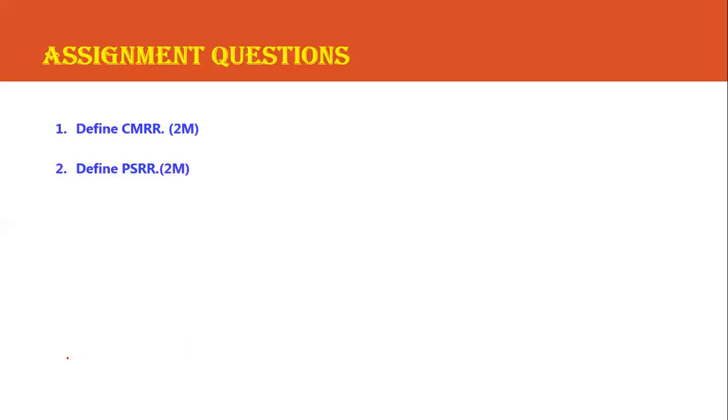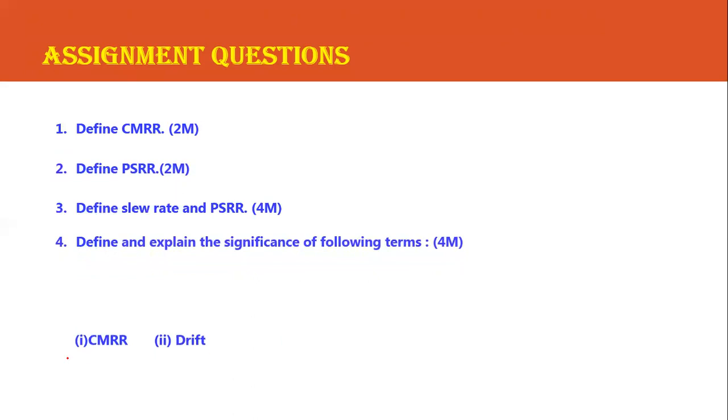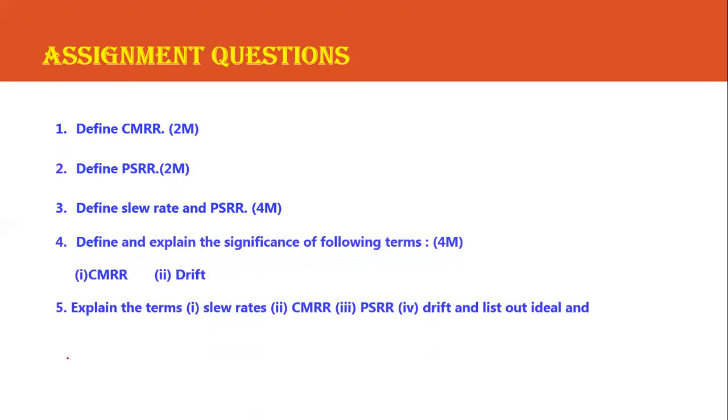Next, the assignment questions that can be expected from these topics. Here almost all the questions are asked for short answers. The first one is to define CMRR. For this question, first you have to expand CMRR, that is common mode rejection ratio, and then write the definition: the ratio of differential gain to the common mode gain is called CMRR.